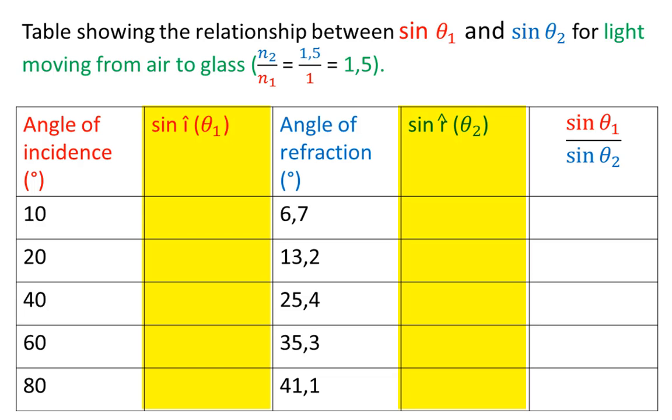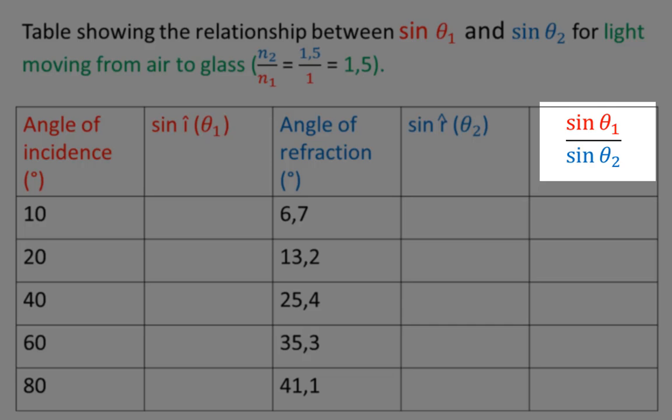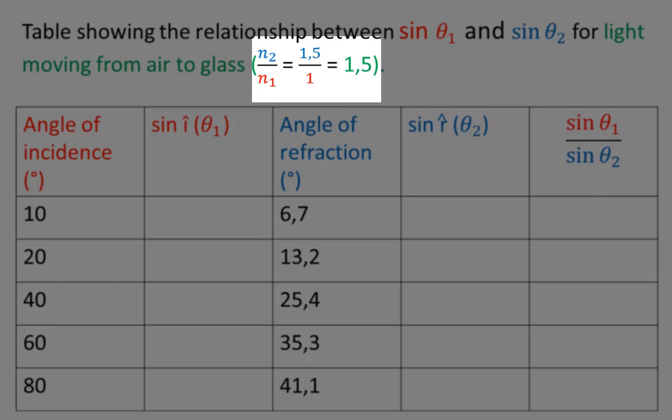So we need columns for sine of each angle. And then of course, what we're trying to do is to see whether, when we divide sine theta 1 by sine theta 2 for each of our readings, we get the same answer as the ratio between glass and air's refractive indices.